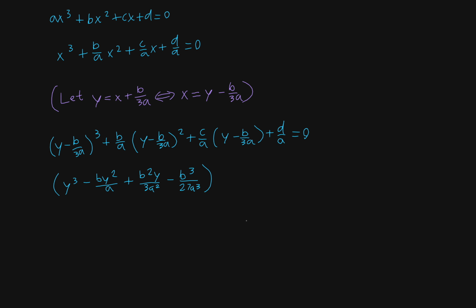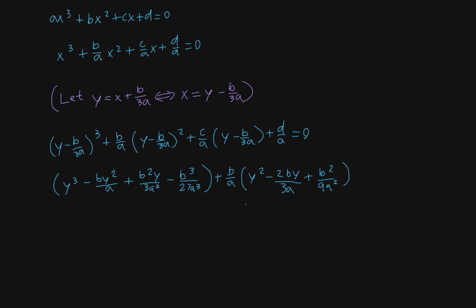Now we're going to move on to the one with the coefficient b/a. So we have plus b/a, expand the perfect square here. We're going to have y² − 2by/3a + b²/9a².